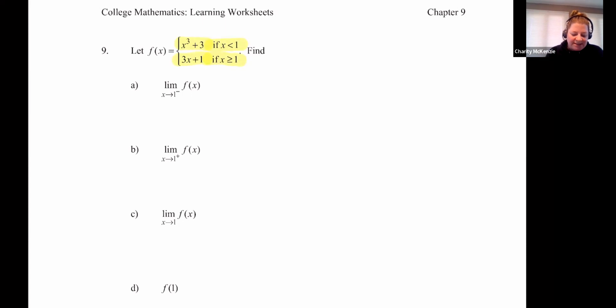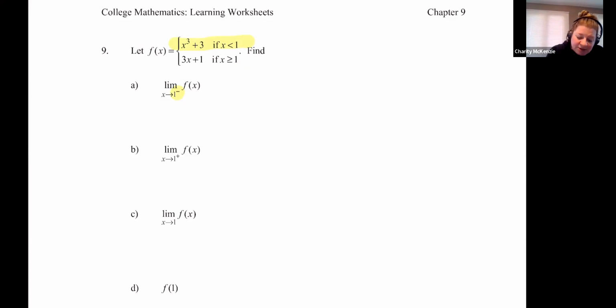Okay, so this first one says, what if you want to approach 1 from, what did this little symbol mean again? It meant from the left. That means lower, so we want to use this function. It's asking, what's the limit of that left side as you approach 1?